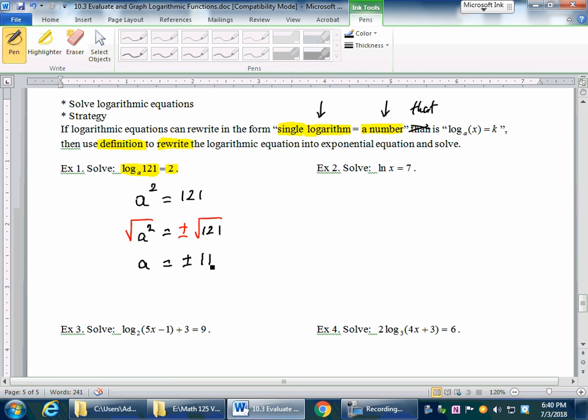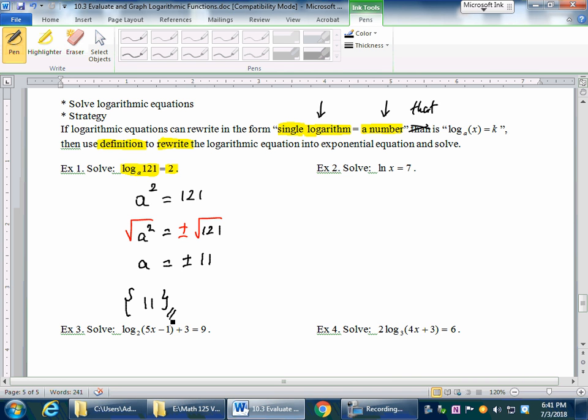But you have to be careful with all the restrictions. Since we are solving for the variable a, and a in the original equation is the base of the logarithm, and we know that the base of the logarithm must be greater than 0 and not equal to 1, my only answer in this case will be 11. That's how I eliminate negative 11 from the solution.